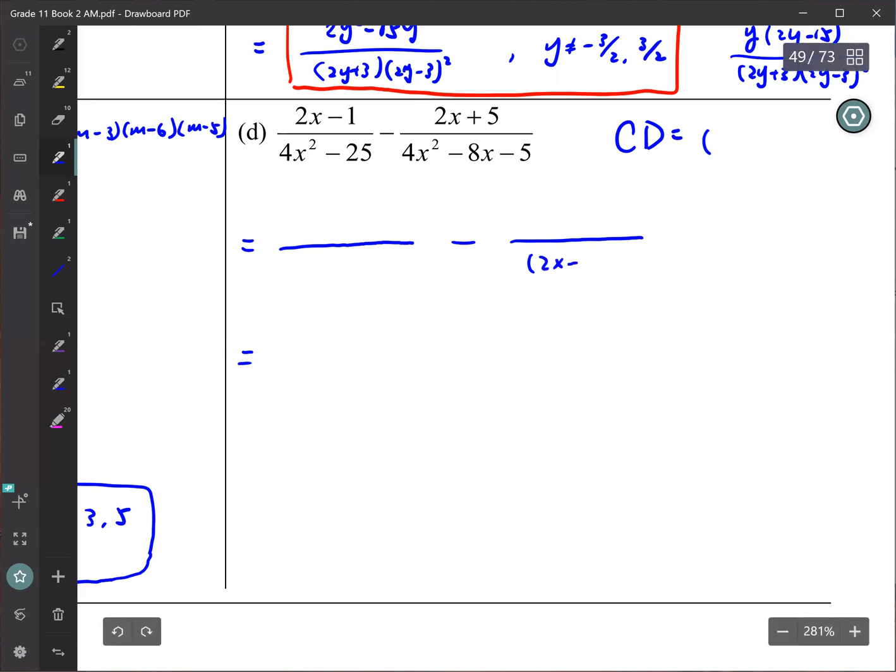No, 2x take away 5 and 2x plus 1. Okay. And then numerator is this one. Okay, and let me rewrite it again.